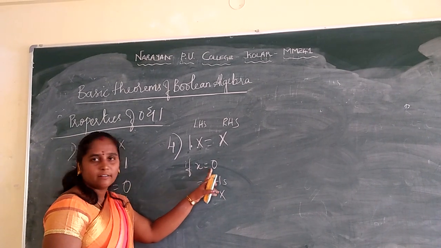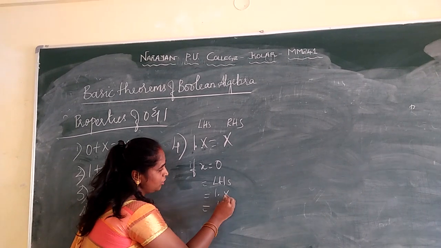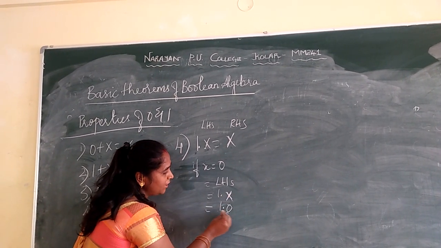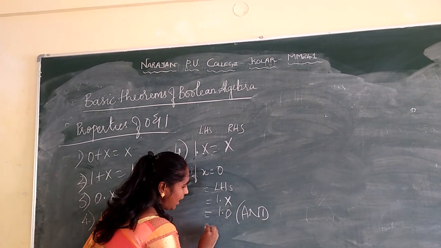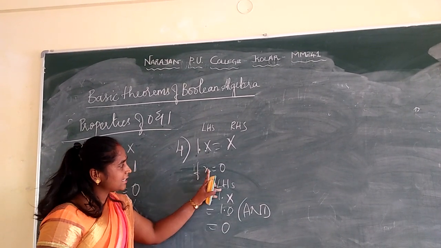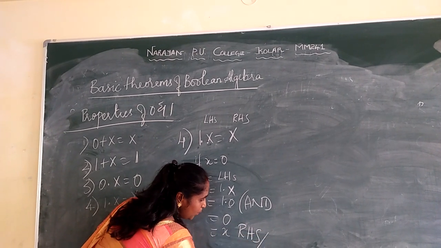Substitute the value 0 in place of x. That is 1 into 0, which according to the AND relation is 0. What is the value of x? 0. Here it is nothing but x. So your RHS is proved.